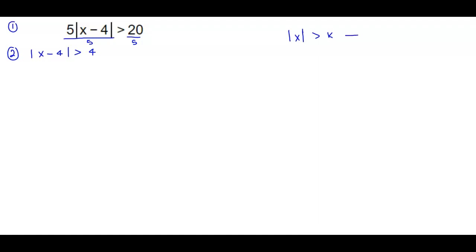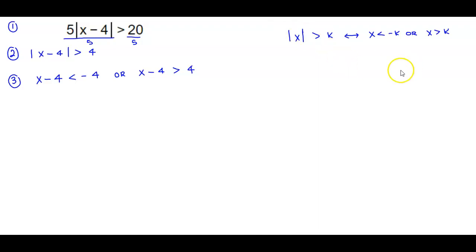We would say that we have x, which is less than negative k, or x is greater than positive k. So to write the definition now, we have x minus 4, which is less than negative 4, or x minus 4, which is greater than positive 4.